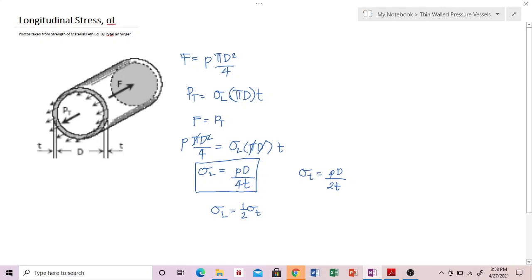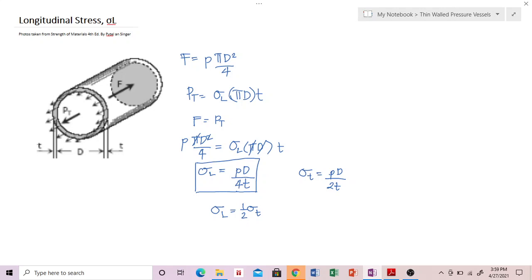So, based from the two equations, makikita mo naman that the longitudinal stress is half of the tangential stress. So, ano yung ibig sabihin nito? Okay, pag kinompare mo, it shows that the longitudinal stress is 1/2 of the value ng tangential stress. So, this is equivalent to stating na kapag ang pressure sa cylinder is raised to the bursting point, failure will occur along a longitudinal section or longitudinal seam of the cylinder.